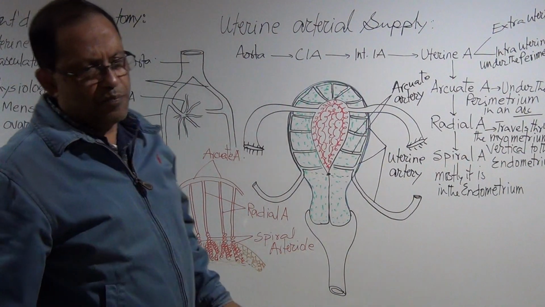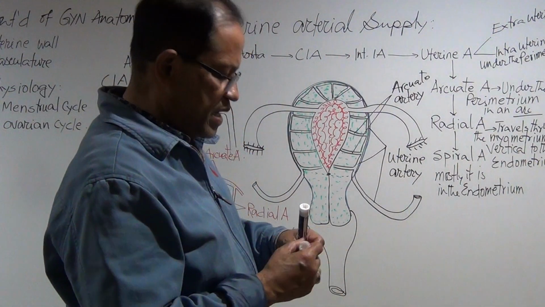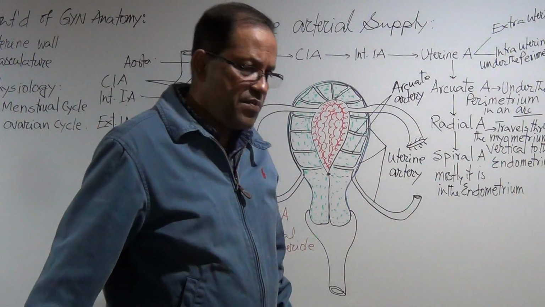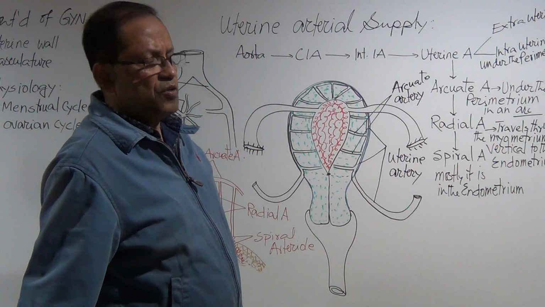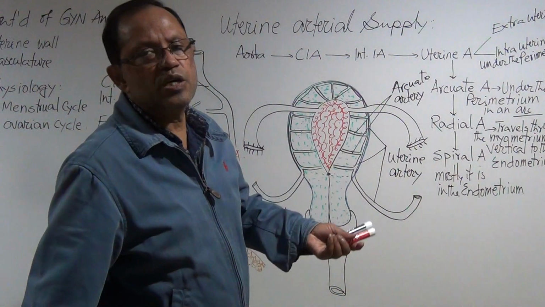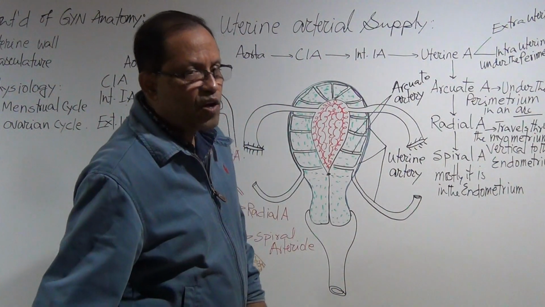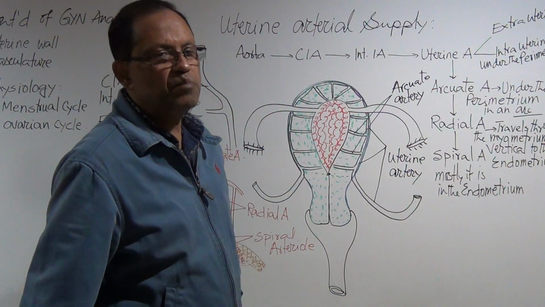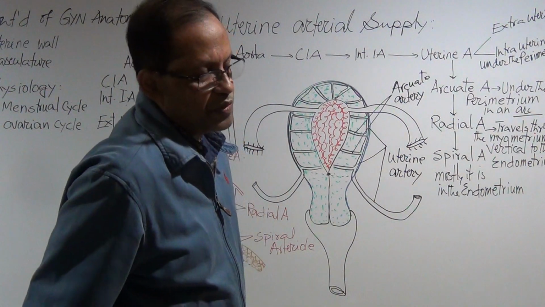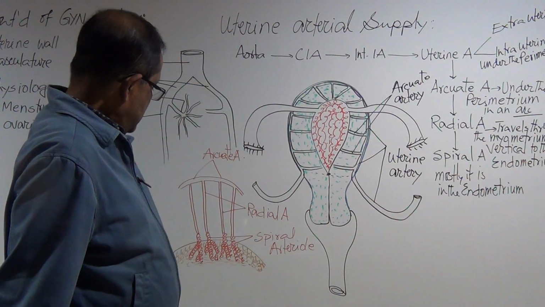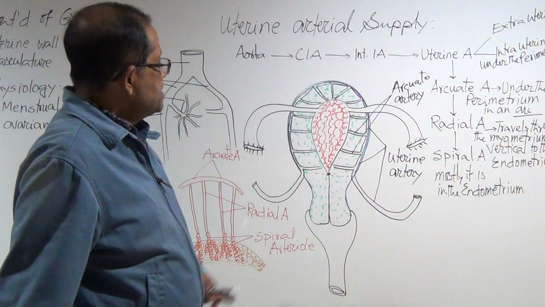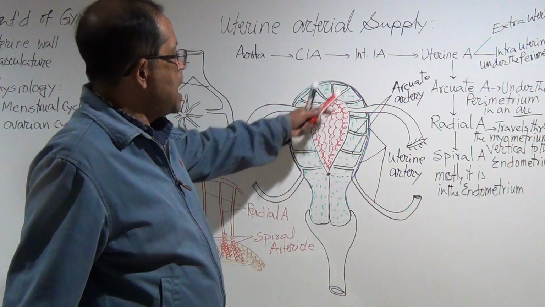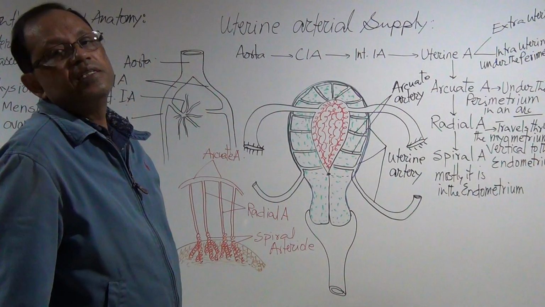Some people may complain, doctor, I'm losing my pregnancy every time. I'm having frequent miscarriages. What could be the cause? There are many causes. One of the causes is lack of adequate or optimum amount of blood supply to the endometrium. There might be some calcifications of the arcuate artery, radial artery.